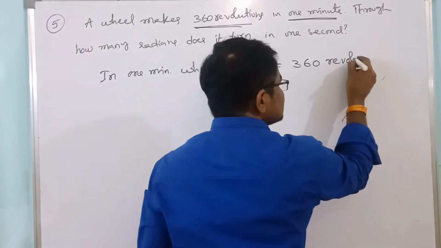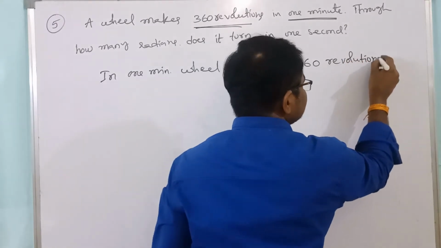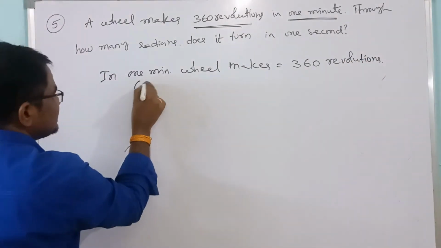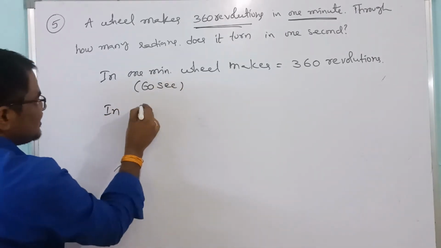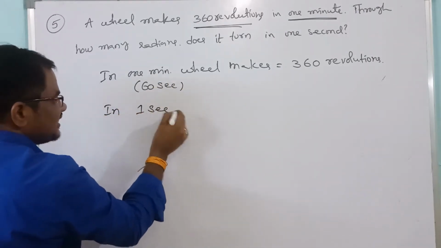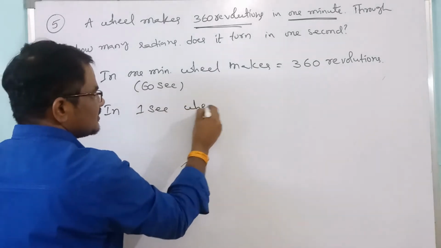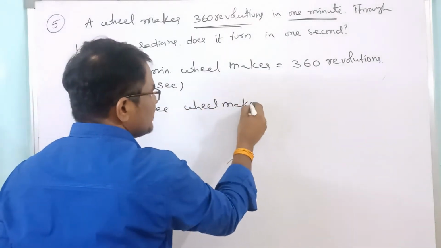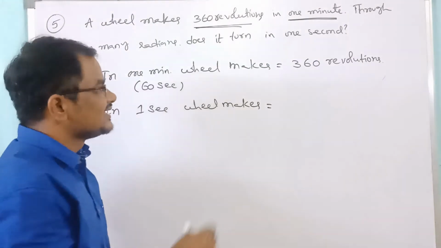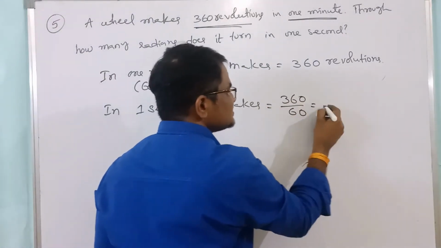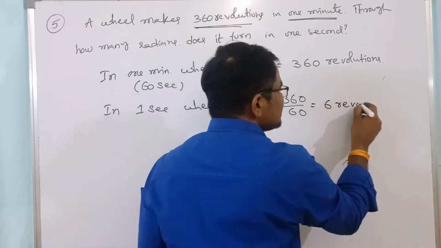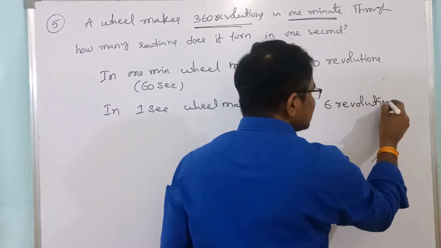360 revolutions. Right? 1 minute is nothing but 60 seconds. Now in 1 second, how many revolutions does the wheel make? Tell me. 360 by 60, that is equal to 6 revolutions. Right?